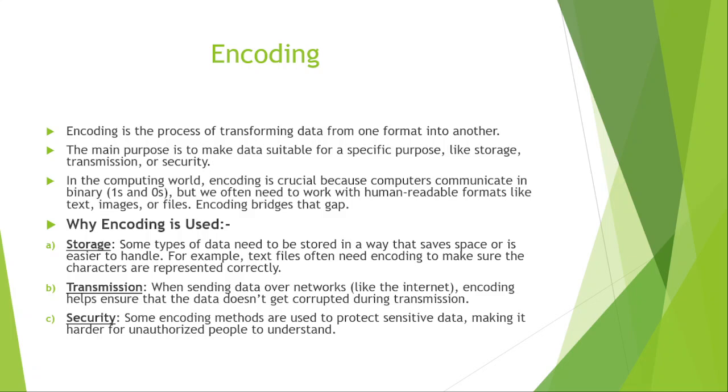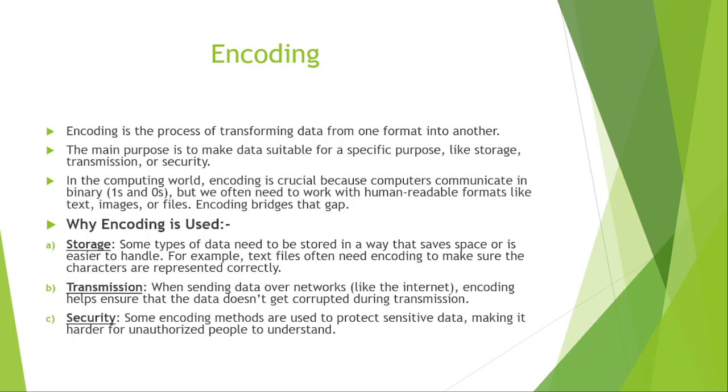So we all know that a computer does not understand the English language that we type from the keyboard. A computer can only understand 0 and 1, that is called binary data.